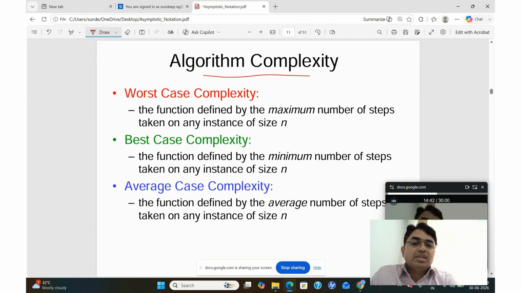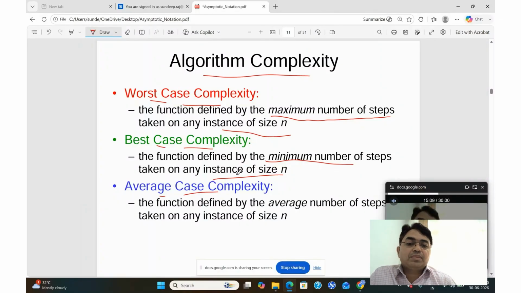Algorithm complexity. We can divide the complexity into three types: worst case complexity, best case complexity, and average case complexity. Worst case complexity is when our algorithm is running by taking the maximum number of steps for a particular size n. Best case is when our algorithm takes only the minimum number of steps for an instance of size n.